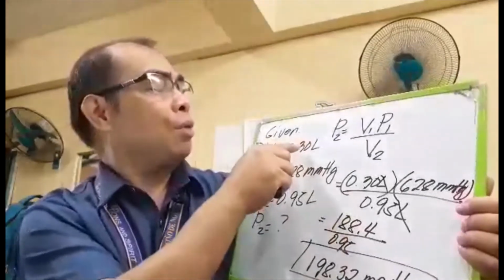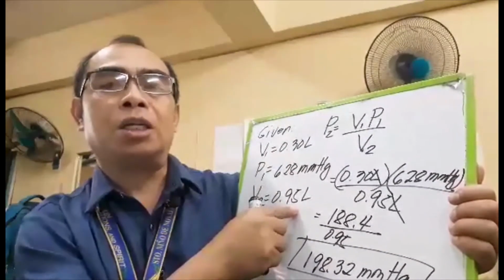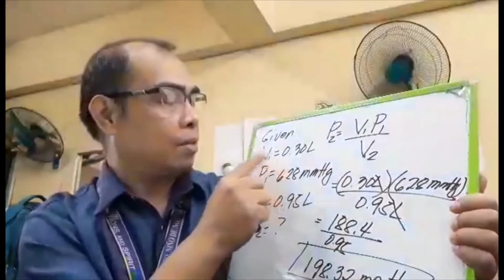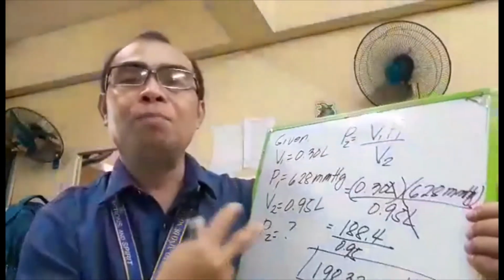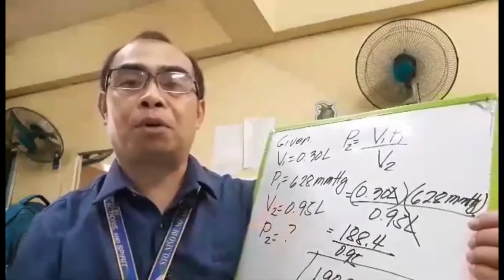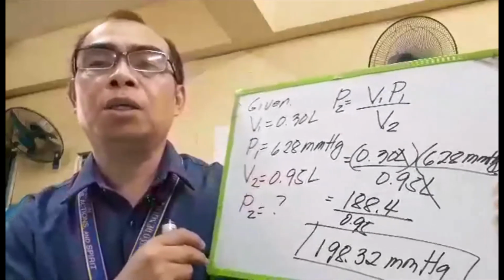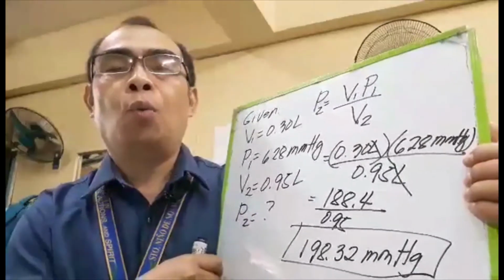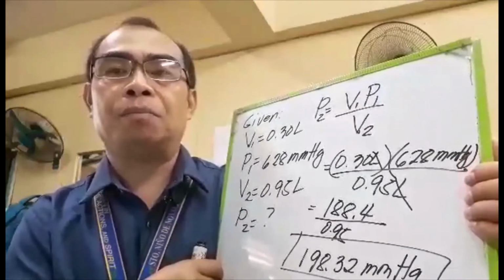The volume increases from 0.30 liters to 0.95 liters, ang laki po ng tinaas, and because they are inversely proportional, the pressure drops. So, this is the simple problem for Boyle's law, which is known as the volume-pressure relationship.